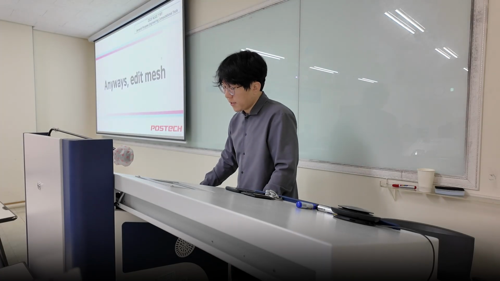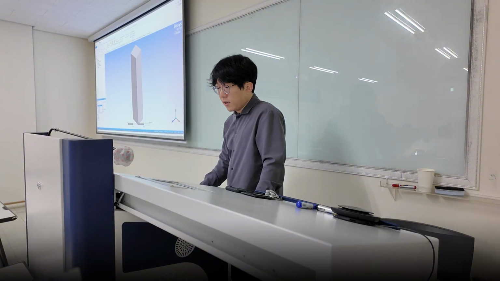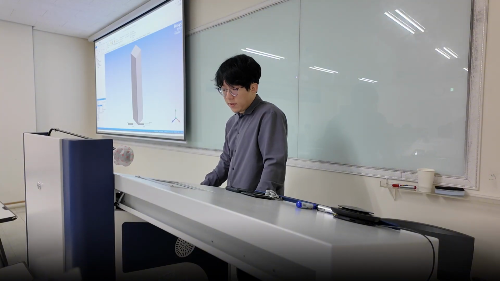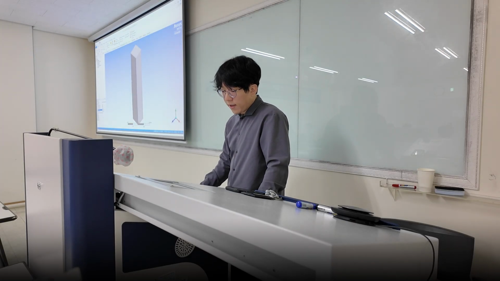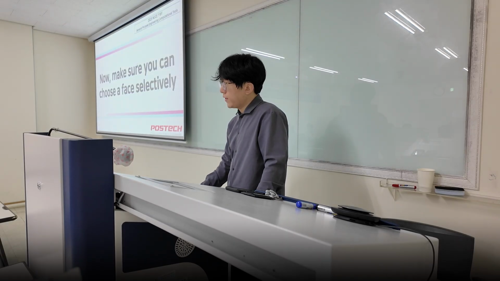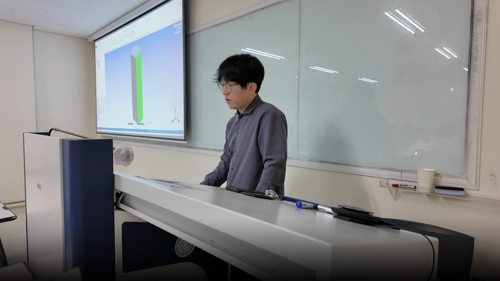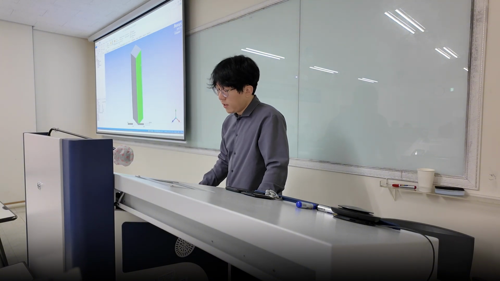Anyways, you're gonna edit the mesh, and you're gonna have this mesh dedicated for CFD Fluent. You choose the element size, and make sure you can choose a face selectively, right? If you can't choose the face selectively, then you probably have to go back to the previous step.